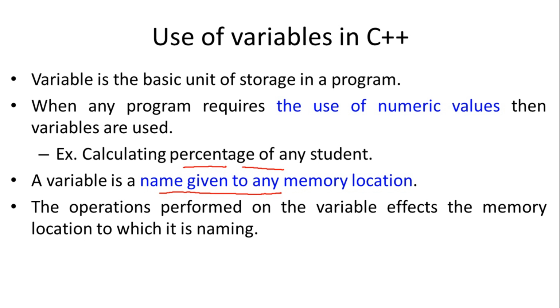So a variable is the name given to that memory location. Whenever some value is added or deleted in the variable, similar changes will appear at the memory location it is naming. Hence it is said that an operation performed on the variable, whether it is addition, subtraction, or any mathematical operation, will affect the memory location it is naming.